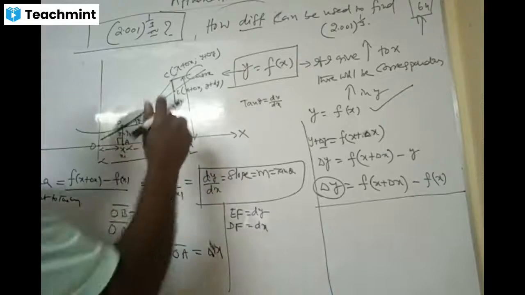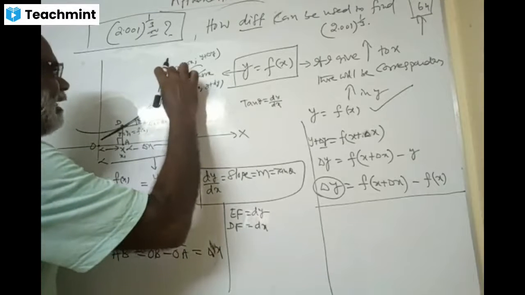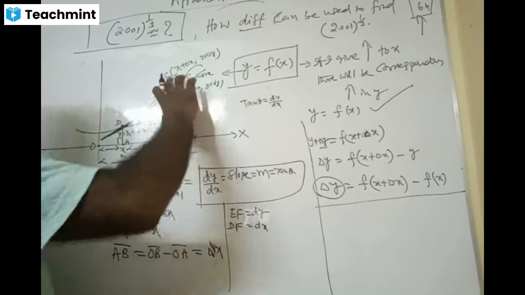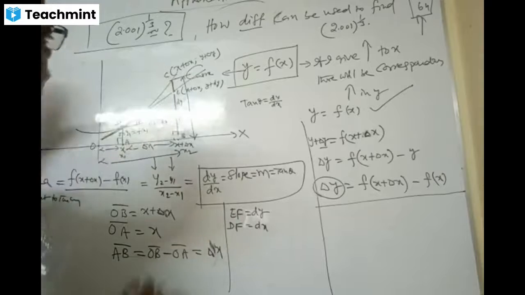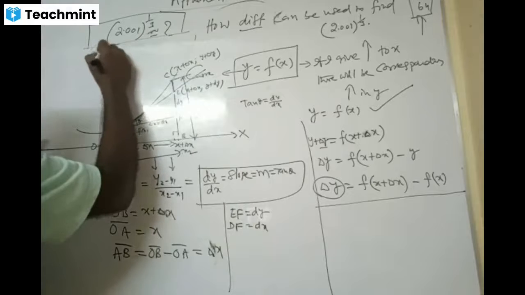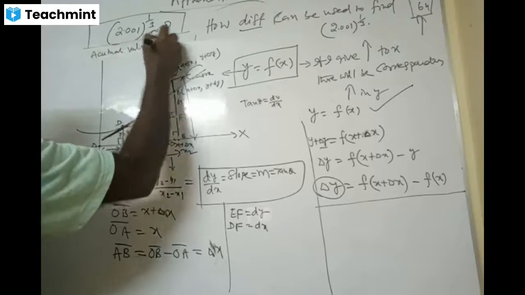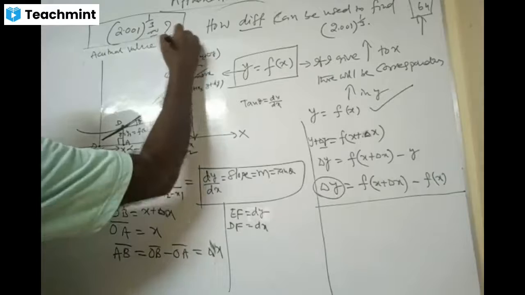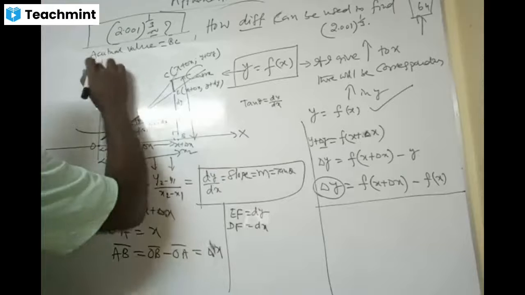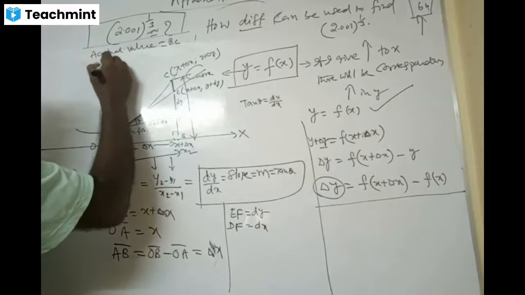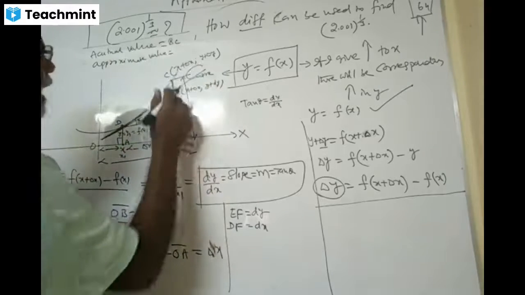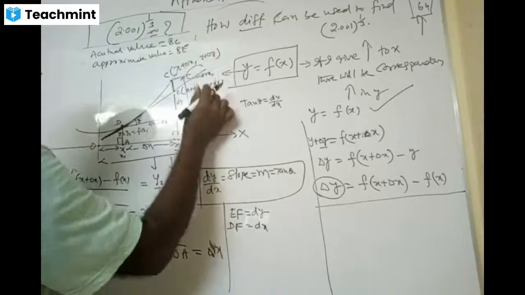Friends, we are not able to gauge this; we are able to find only this part instead of this part. The actual length we are interested in finding is BC, but we are able to find only BE. The approximate value is BE, which is y plus dy.